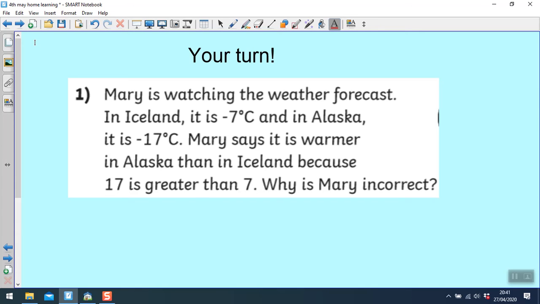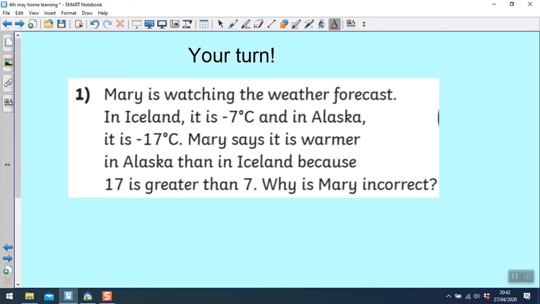Mary is watching the weather forecast. In Iceland it is negative 7 degrees and in Alaska it is negative 17 degrees. Mary says it is warmer in Alaska than in Iceland because 17 is greater than 7. Why is Mary incorrect? So Alaska is negative 17, in Iceland it is negative 7. Mary says negative 17 is warmer than negative 7 because 17 is bigger than 7.